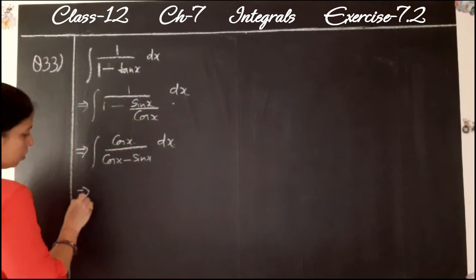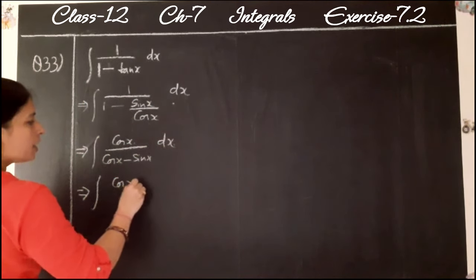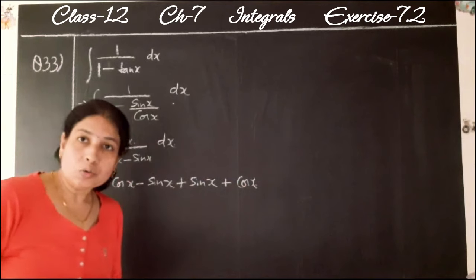So first write here cos x and then write minus sin x. Okay, then write 1 plus sin x also. Minus sin x plus sin x will be 0, but write again cos x. So cos x plus cos x will be 2 cos x.